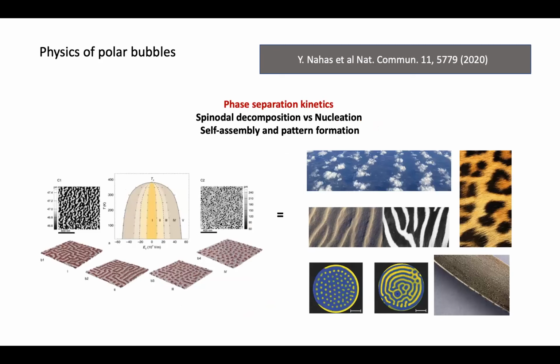Now, what's nice about this probing is that it opens the way to a very big world of self-assembly and pattern formation. Similar structures are seen in many different types of systems. For instance, cloud formations, the sand dunes, the coloring of animal skins, chemical reactions.